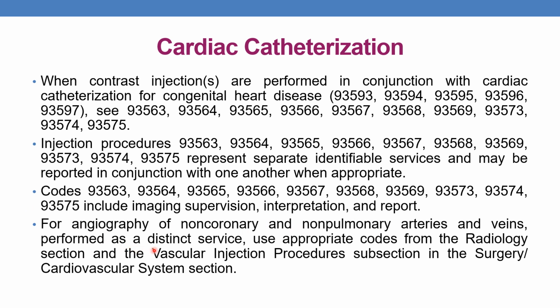For angiography of non-coronary and non-pulmonary arteries and veins performed as a distinct service, you need to use the appropriate codes from the radiology section or the vascular injection procedures subsection in the surgery cardiovascular system section.